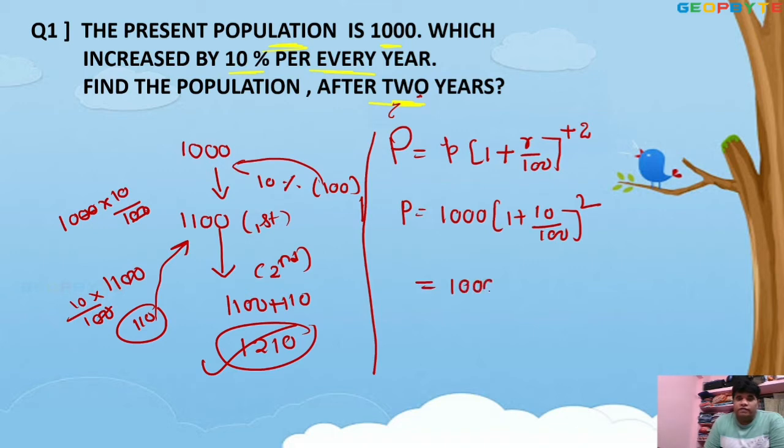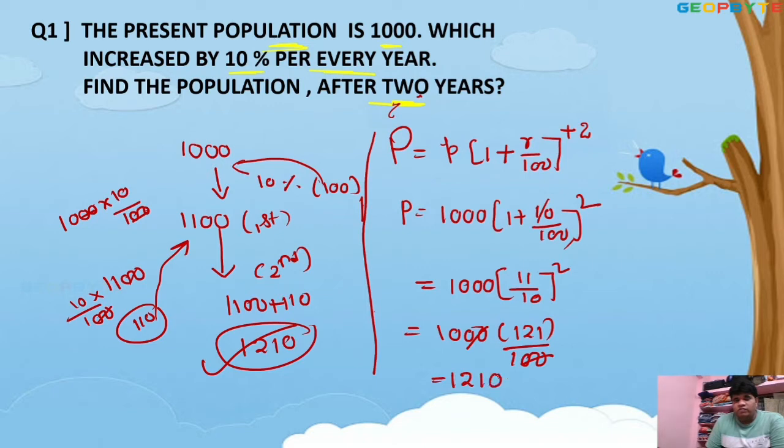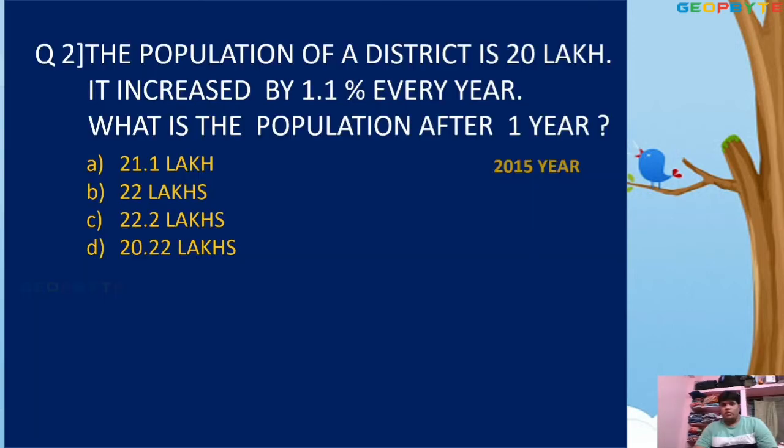So 1000, simplify, zeros cancel. After the simplification it becomes 11 by 10 whole square. Children, 1000, 11 square is 121, 10 square is 100, 2 zeros cancel. So what is the answer? 1210. So both are the same answers.